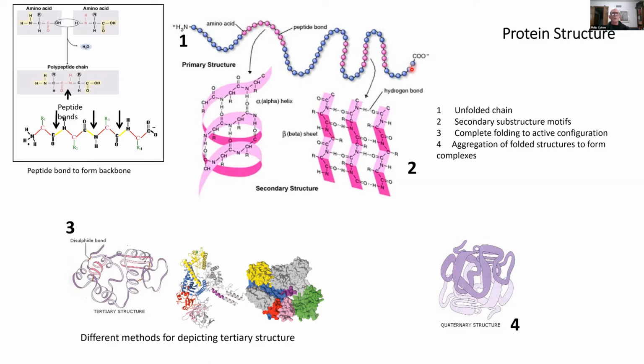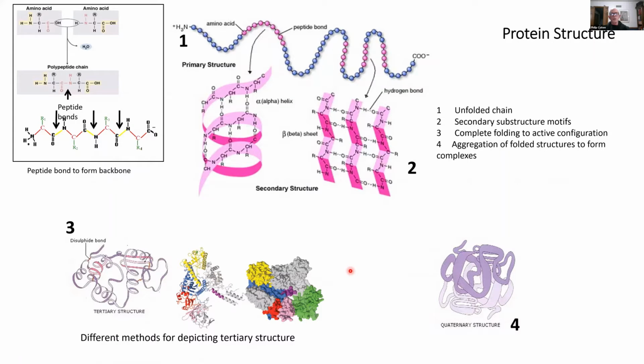And then the protein chain is going to fold, and in folding it creates some secondary structures. This is a helix, and this is what's called a beta sheet or a pleated sheet. And then it folds up into a more complete structure, and these are different ways to represent protein structures. This one represents the secondary structures with helixes and things like that.